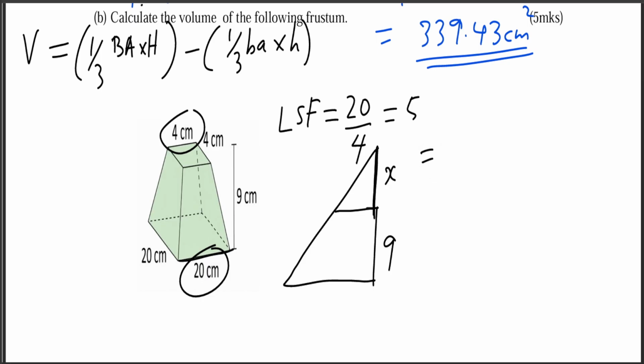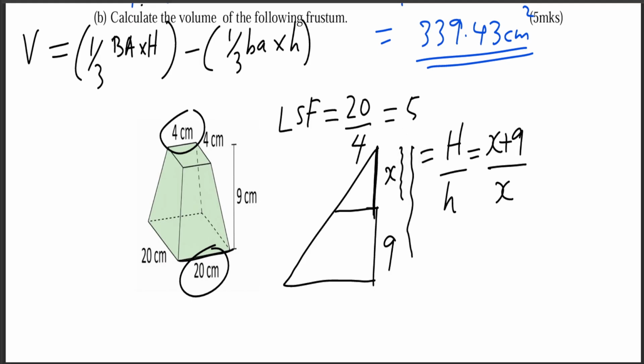So the height of the bigger pyramid, x plus 9, divided by the height of the smaller pyramid, x, is equal to your linear scale factor, which is 5.